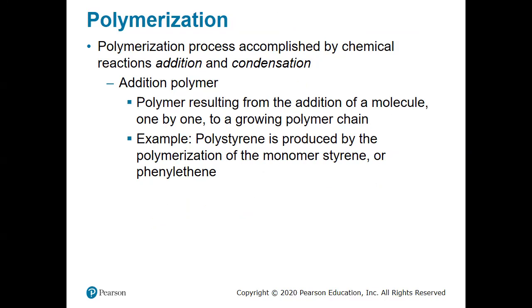Okay, last thing I will talk about are the two means of polymerization, addition and condensation. So with addition polymers, what we are looking at is a repeating unit, a single repeating unit going over and over and over and over again.